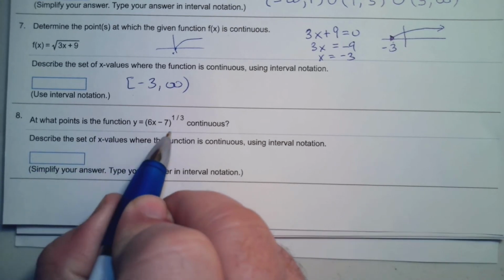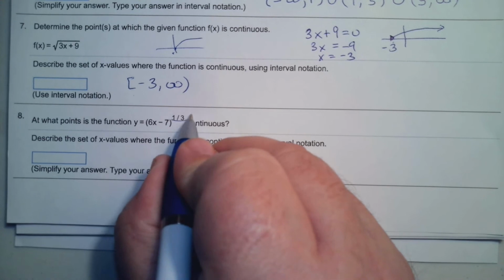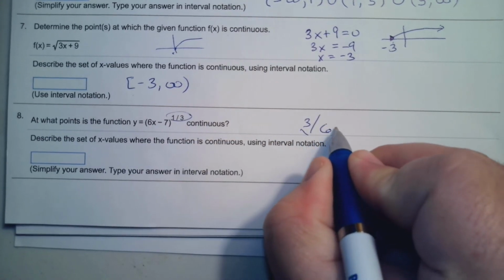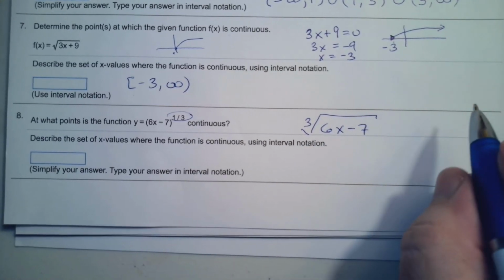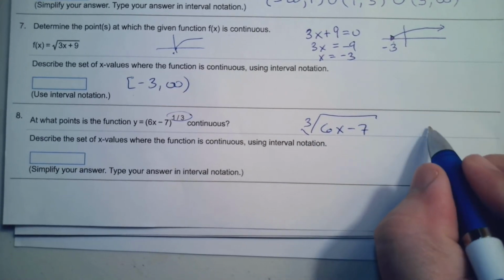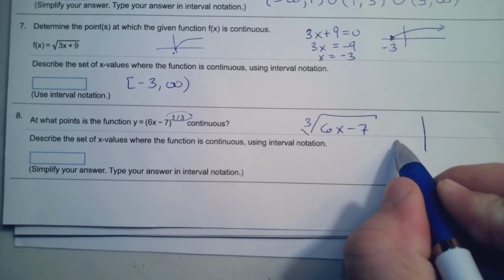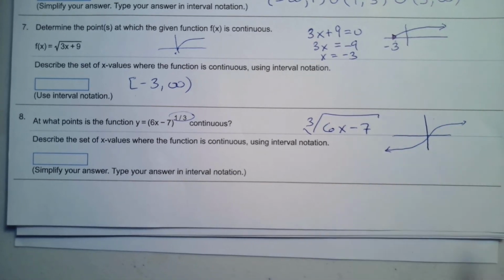At which point is the function continuous? It's a 1/3, so what this equation looks like is this. Unlike the square root, the graph of the cube root looks like this.